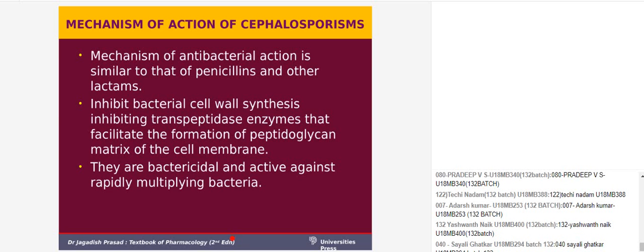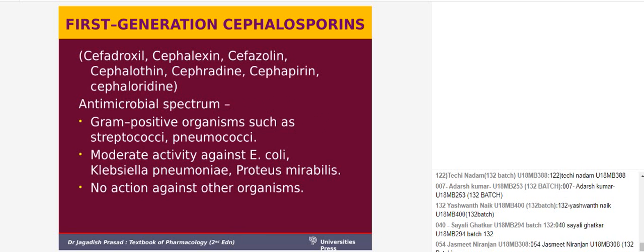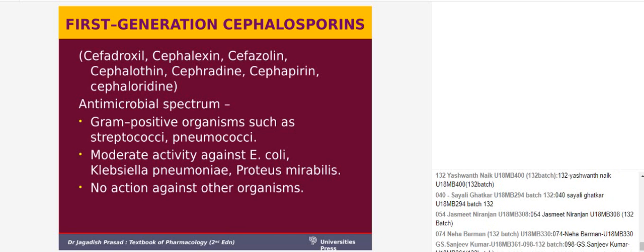The 1st generation cephalosporins include drugs like cefadroxil, cephalexin, cephazolin, cephalothin, cephradine, cefapirin, and cefacetrile.